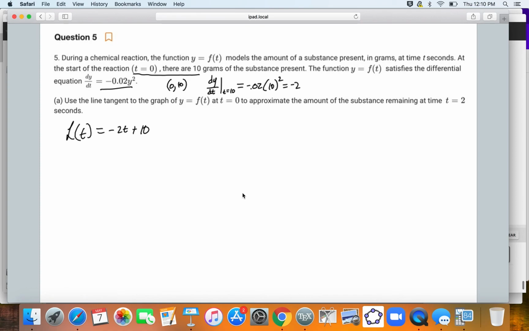All right, so now I want to use that to approximate the amount of substance remaining at time t equals 2. So all we'll do is L of 2, which would be negative 4 plus 10, which would be 6 grams. All right, there's part A.